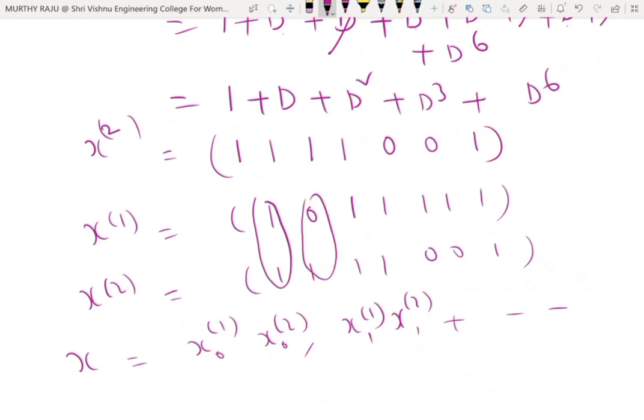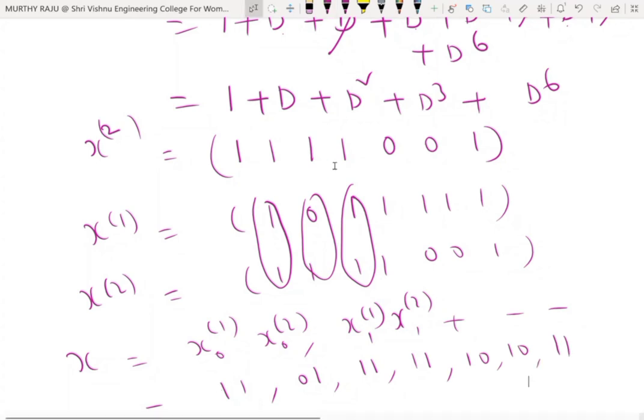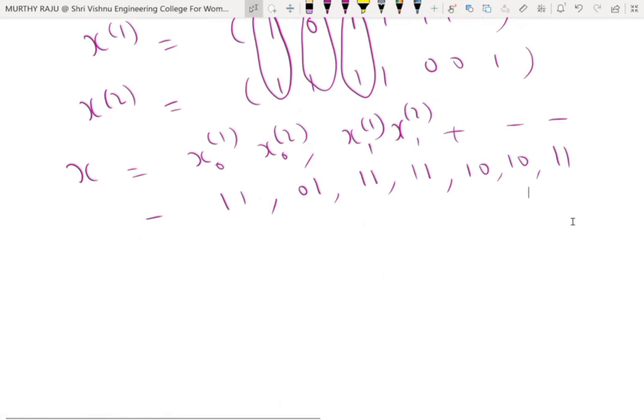These two bits are grouped. These are grouped like that. Therefore, 1 1, 0 1, 1 1, 1 1, 1 0, 1 0, 1 1. This is the output of the convolutional encoder in a transform domain approach.